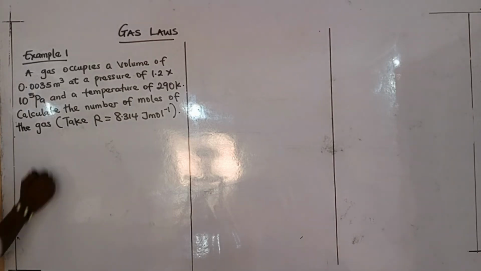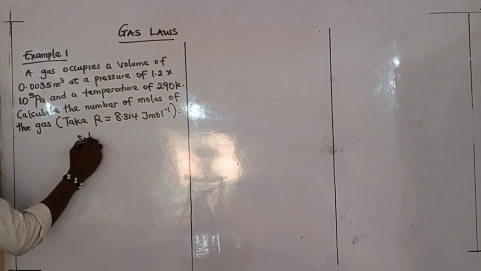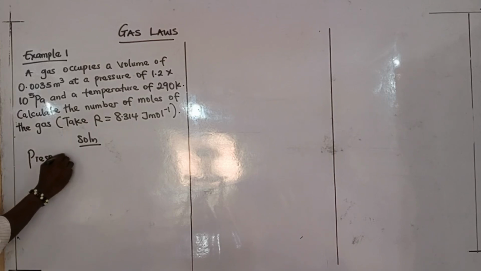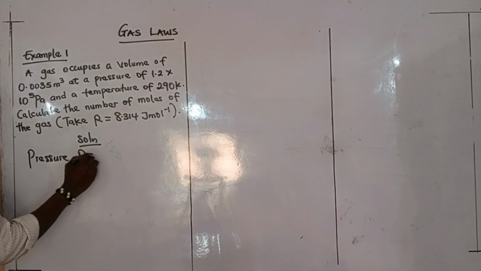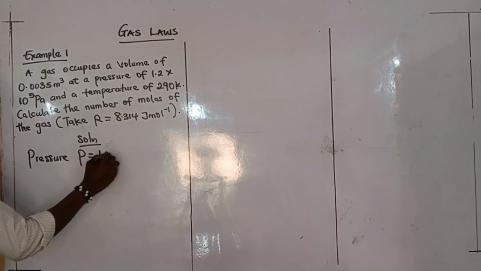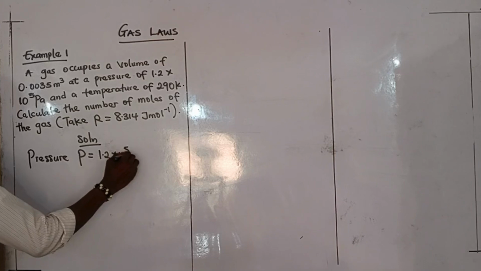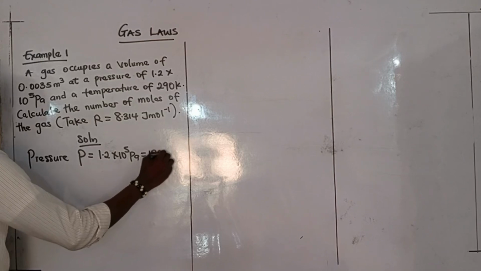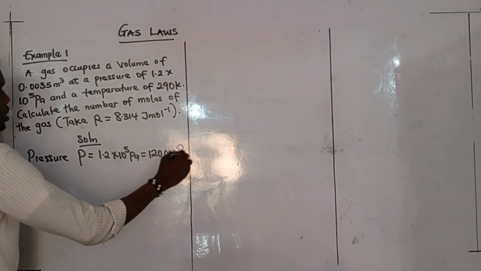So if we are to look at this question now, we are to collect our data. We have that our pressure, which is P, is given to us as 1.2 times 10 raised to the power of 5 Pascal, which is still the same thing as 120,000 Pascal.